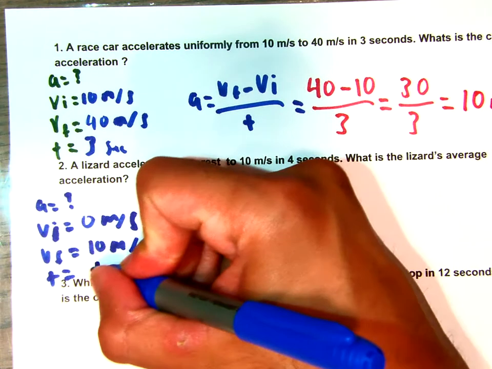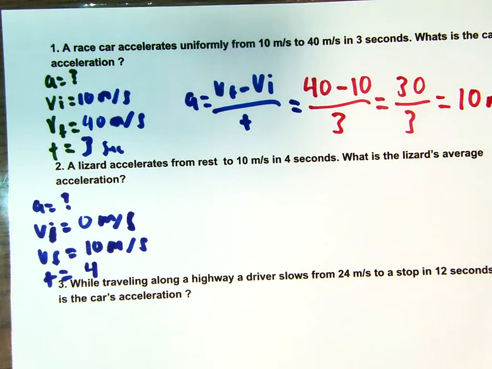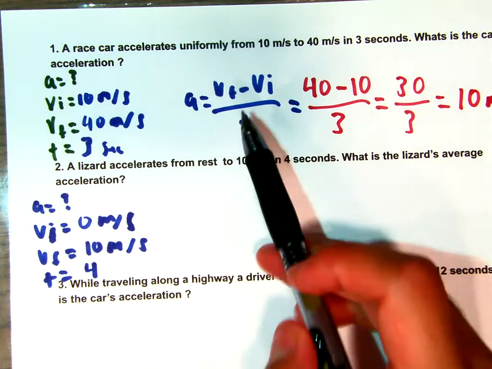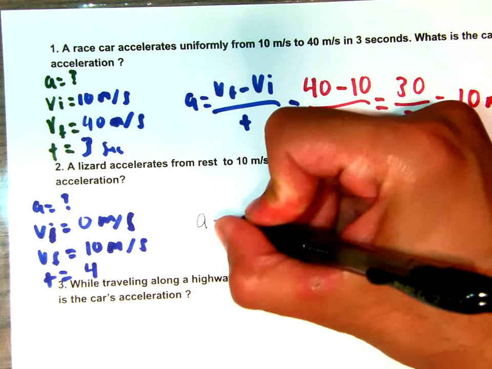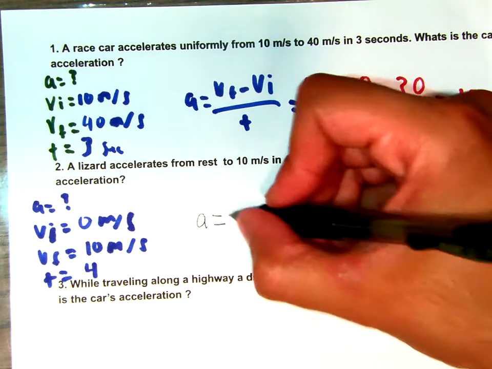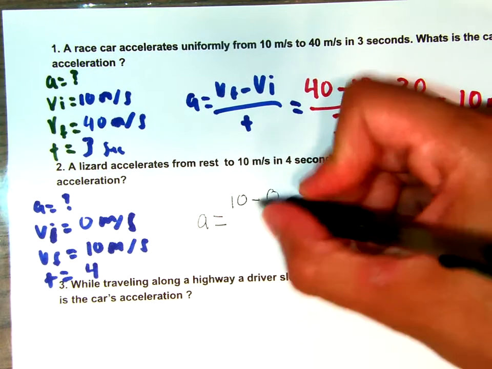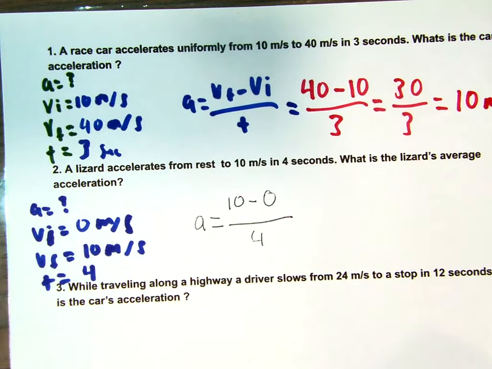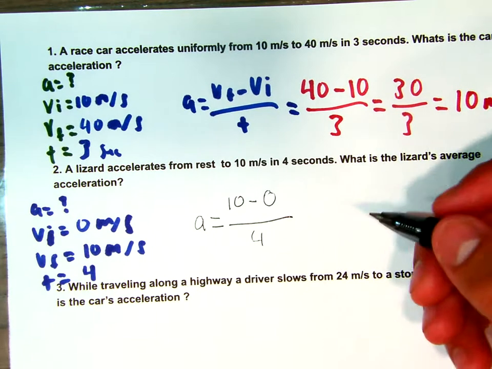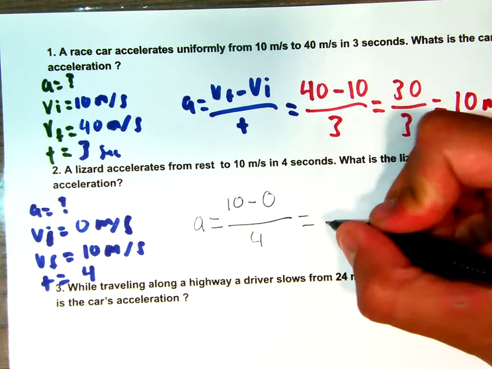Okay? So then I just plug it in. I already know this equation, right? So I'm just going to go and plug it in right away. 10 is my final, take away my initial, which was 0, divided by 4. 10 take away 0 equals 10. So 10 divided by 4.